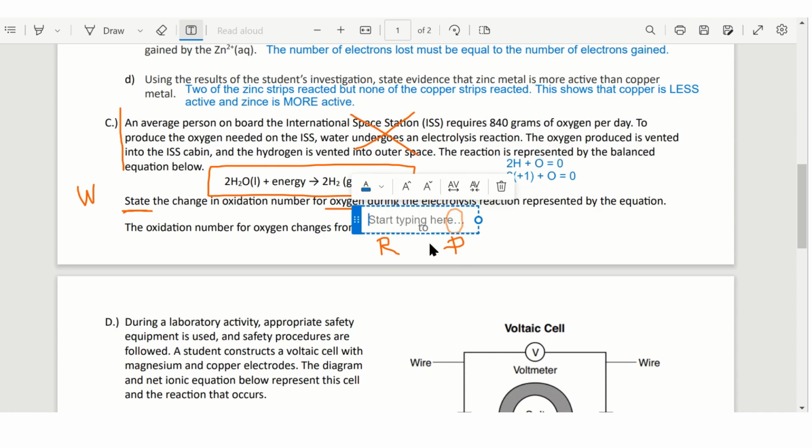Hopefully you realize this, it's negative 2, which should make sense, right? Because 1 hydrogen plus 1, 2 hydrogens plus 2. Oxygen would have to be -2 in order to balance and get 0. All right, that is that question.